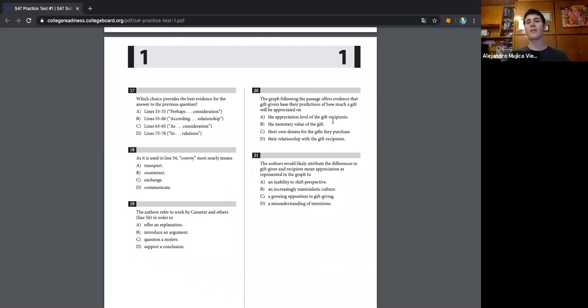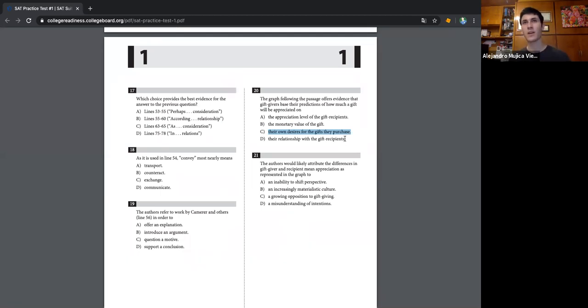Which is why the first one is wrong. The monetary value of the gift. So we do know that they're thinking more expensive means more appreciated, less expensive means less appreciated. So this is right. Their own desires for the gifts they purchase, no. They're not really taking their own desire into account. I mean, some people might, but in general, they're thinking cost.